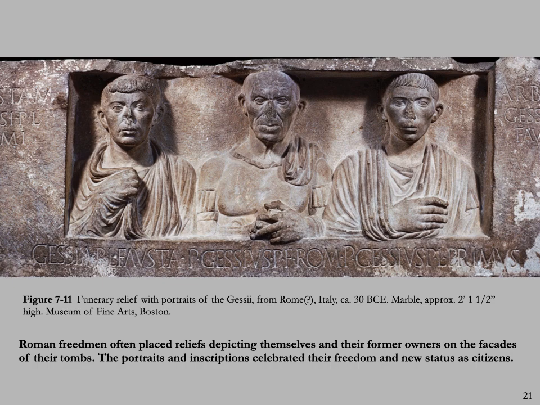In this case, Publius Gessius is the man in the middle, and therefore Gessius is his last name. That is then taken on as the first name of the men on the left and the right.